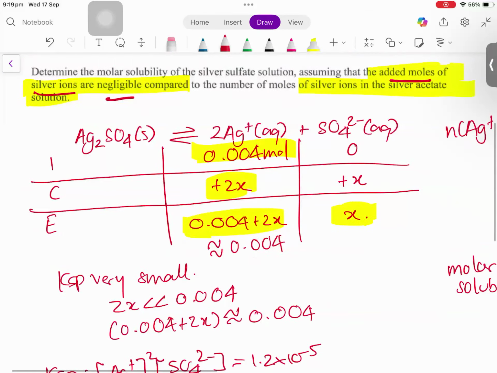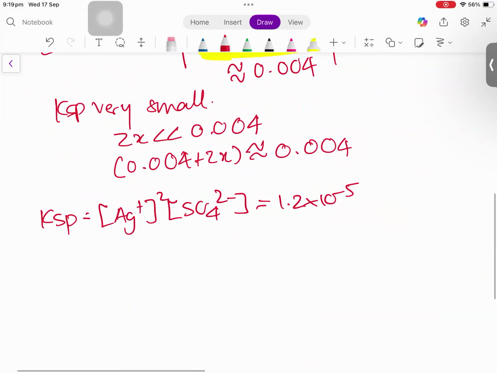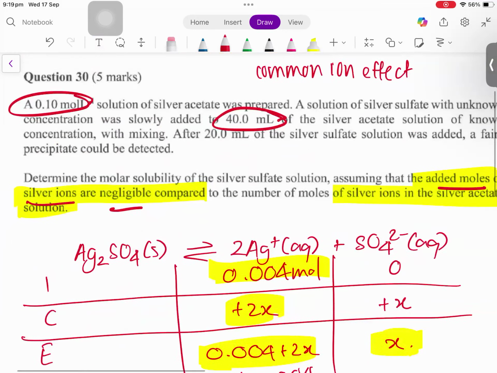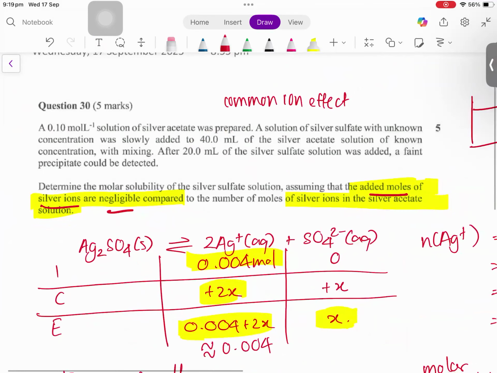Now that we're dealing only with the equilibrium and we're not concerned with the ice table anymore, now that we're only taking these numbers at equilibrium, the reaction's done. You finished adding the 20 mils. Okay, you are done adding the 20 mils, which means in total, by the time you get to equilibrium, it's a total of 40 plus 20, which is equal to 60 mils.